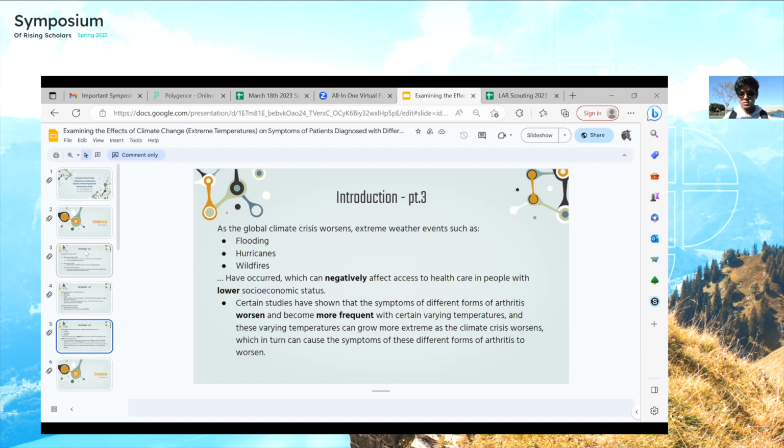Studies show that the symptoms and frequency of these forms worsen with certain varying temperatures and with extreme temperatures. So one can intuitively understand that as the climate crisis worsens and there are more weather extremes, there will also be higher instances of more severe arthritis in people, especially in seniors.